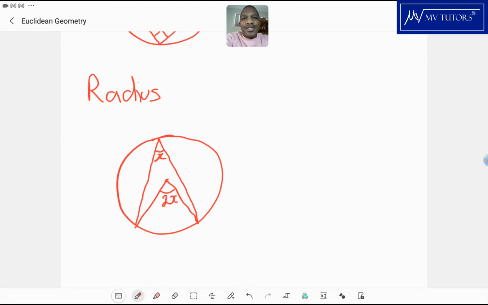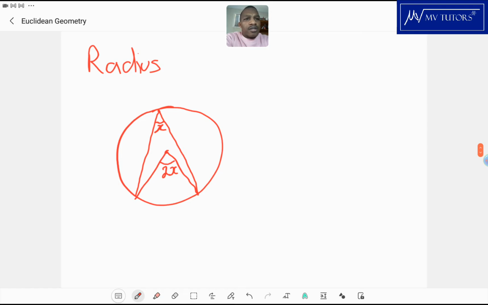It's twice, it's double the angle at the circumference. The reasoning is angle at center. The angle at center theorem says the angle at the center is twice the angle at the circumference.